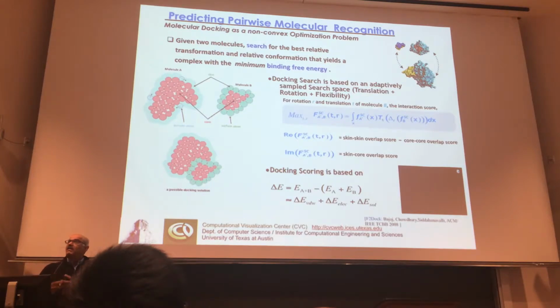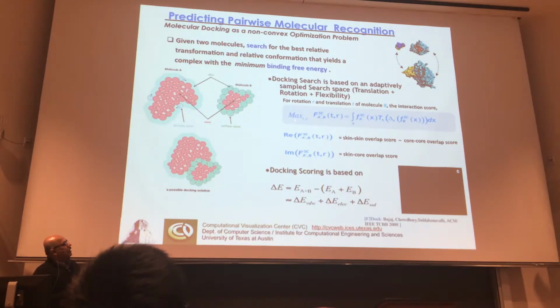But how do we mathematize this is part of our goal, and then how do we make it computationally efficient? So we come up with something called an affinity function on a molecule. And so what we are going to look at is the product of these two affinity functions. One, and the other one a relative transformation, either rotations or translations or some mixture of this other affinity function, and we're trying to maximize this integral over all possible points in three-dimensional space.